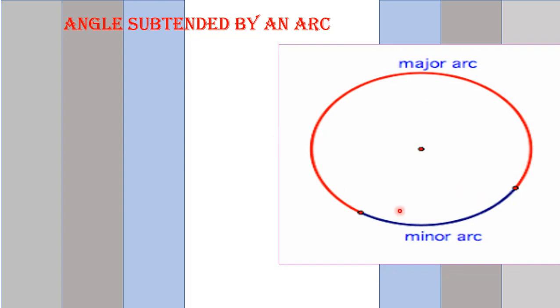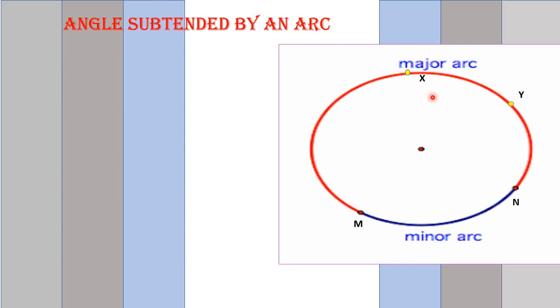So let's take a circle where we have two points on the boundary of the circle, M and N. So we can take MN as the arc, and as we know, this MN is the minor arc and this NM is the major arc. Now let's take points X and Y on the major arc.